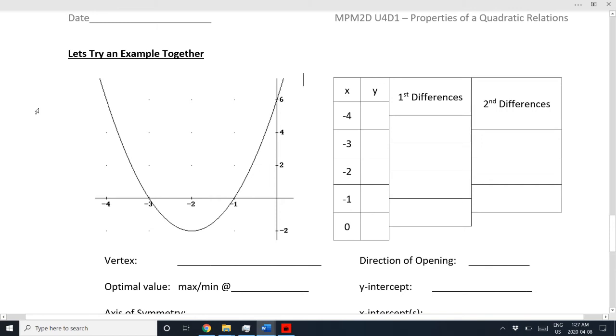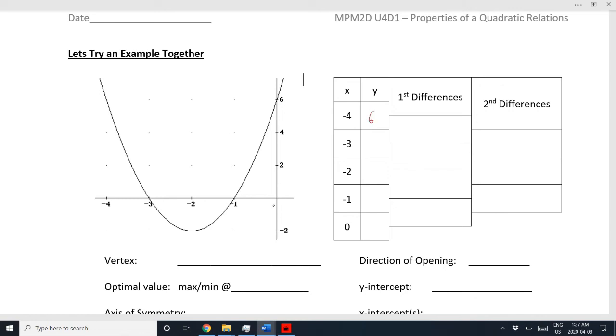Let's try an example together, looking at the key features that we have just discussed. Let's first begin by filling in our table of values. If we're very careful, we could read the y values off our graph. When x is equal to -4, y will be equal to +6.